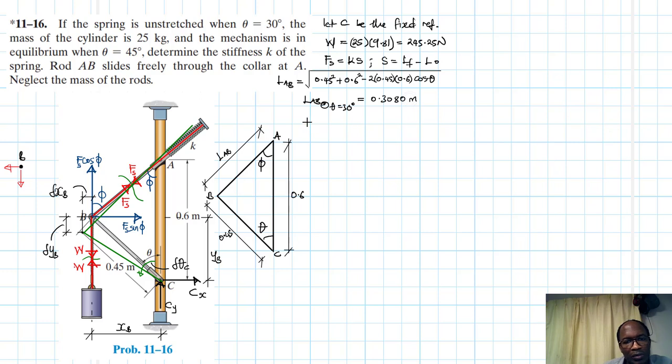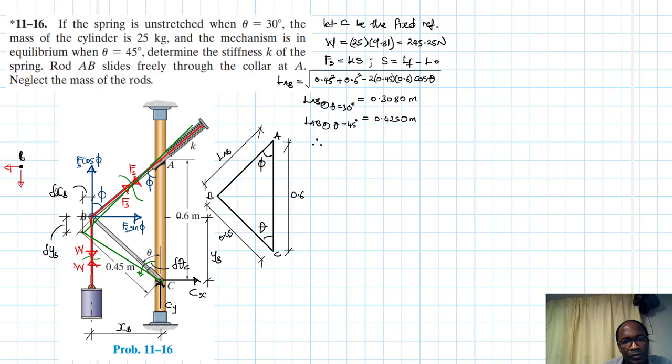meters. Then we have LAB at theta equal to 45 degrees. Plug in 45 there: 0.45 squared plus 0.6 squared minus 2 by 0.45 by 0.6 cos 45, square root of the answer. This gives us 0.4250.